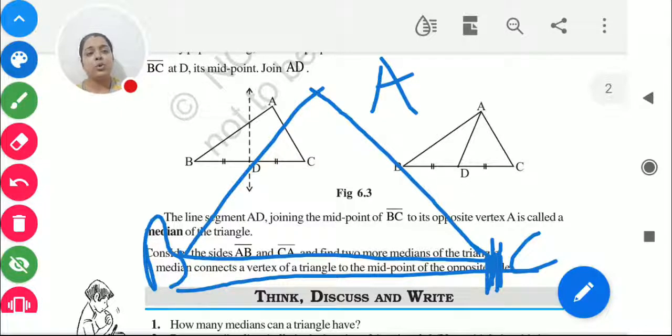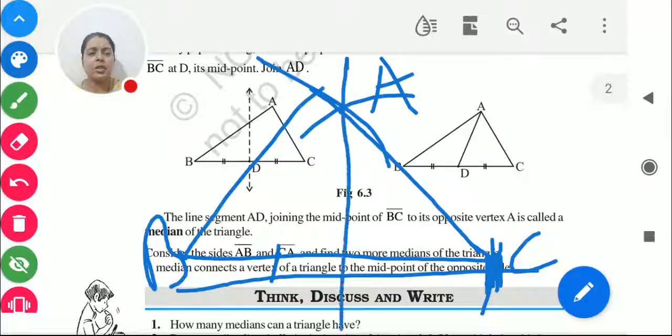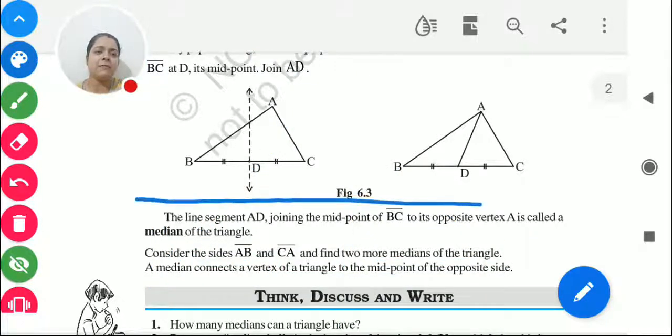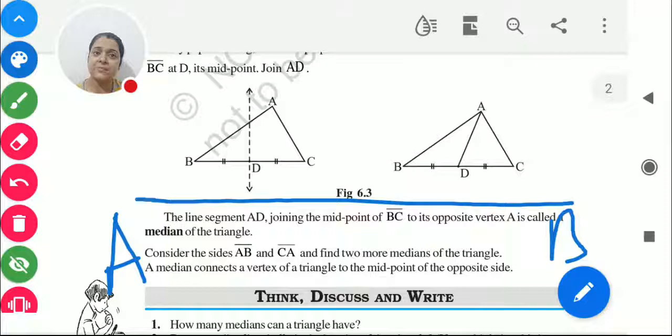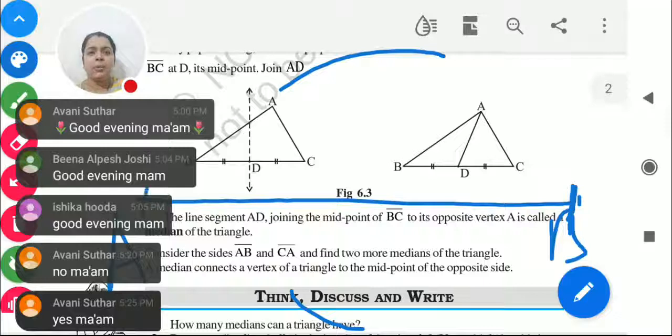You keep one point at B, take more than half the length, and cut a mark. Then put the compass at the other end and, with the same length, cut again. The length should not change.